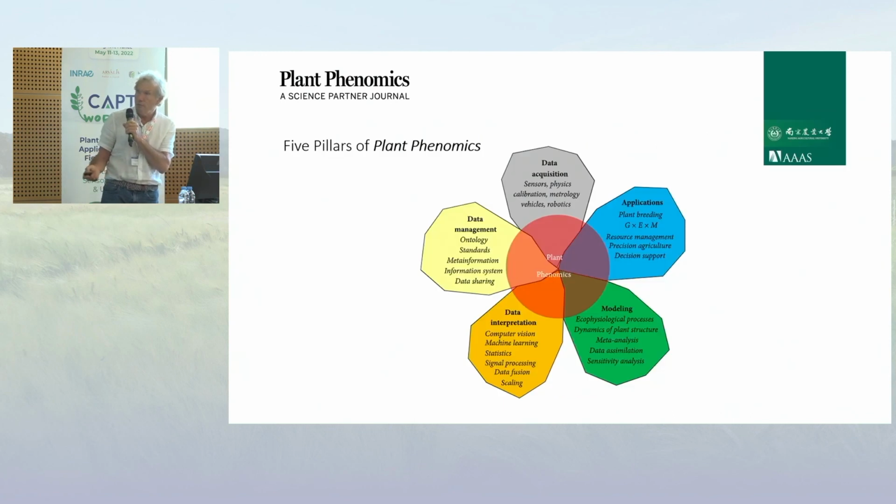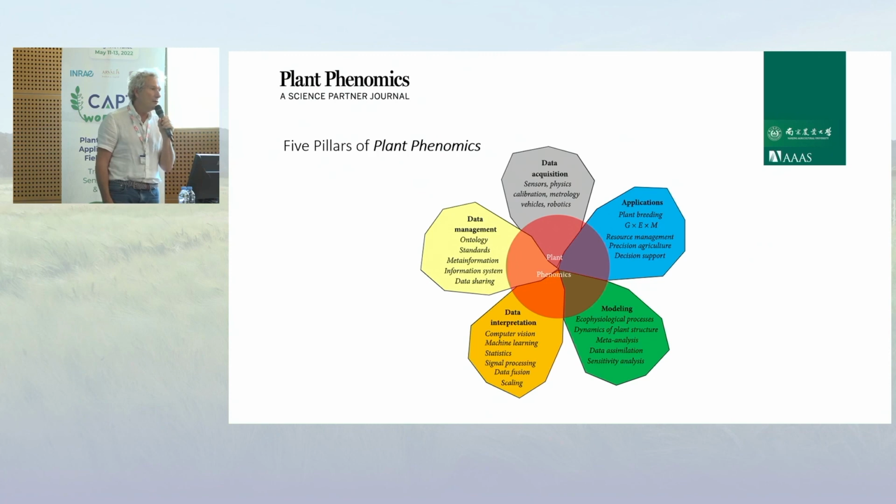The scope is plant phenomics, which is at the crossing of different disciplines. So now you have a better feeling of what is plant phenomics. There is quite a large scope of manuscripts that can be submitted and accepted by Plant Phenomics.